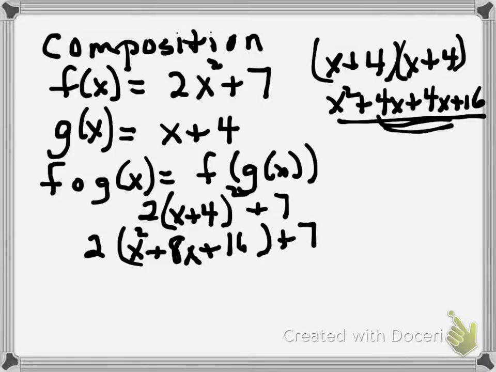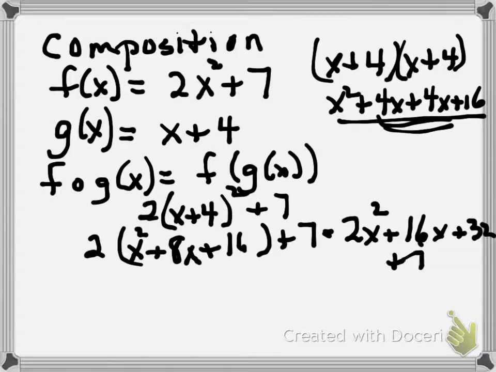Combining like terms, I'm getting 2x squared plus 16x plus 32 plus 7. So it would simplify to 2x squared plus 16x plus 39.